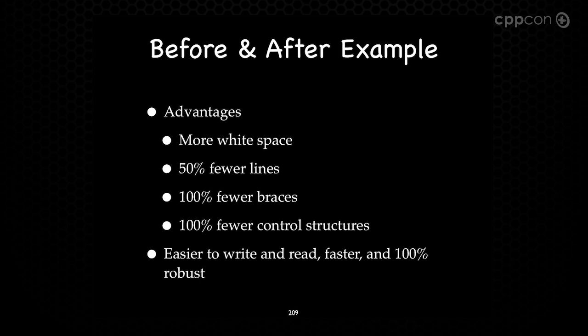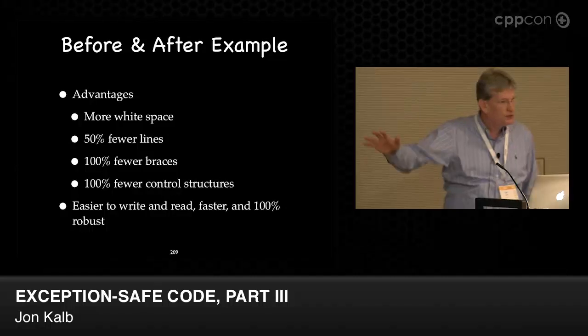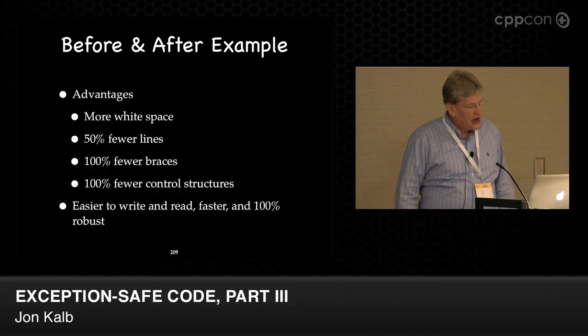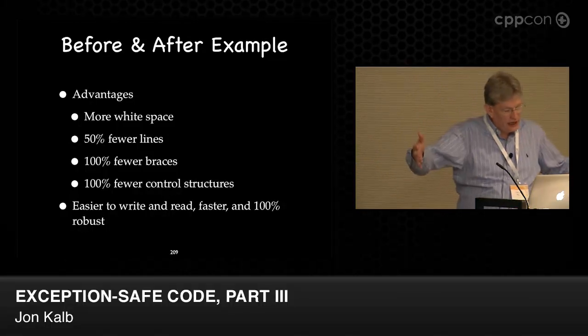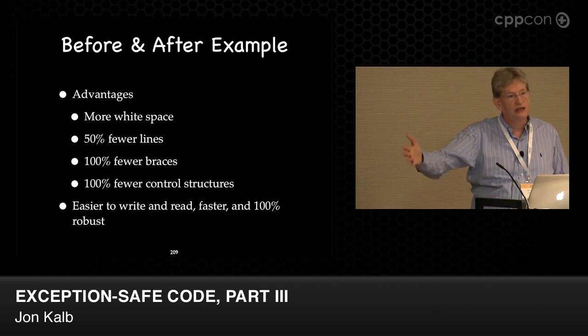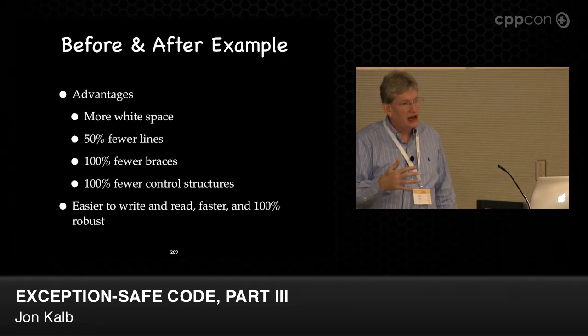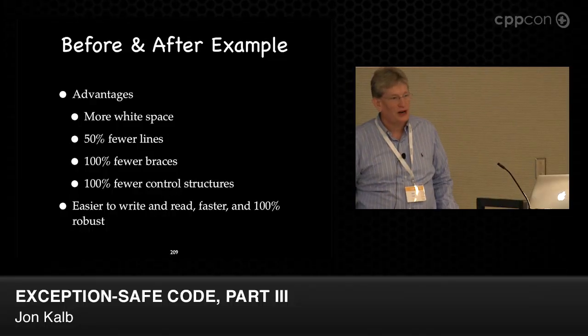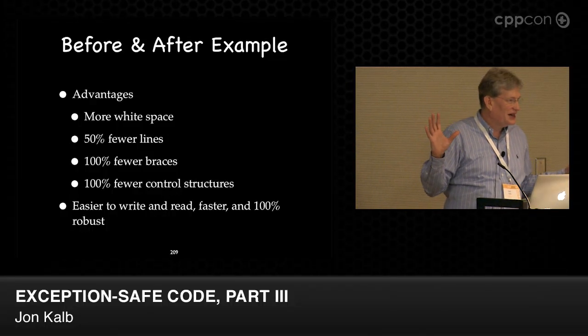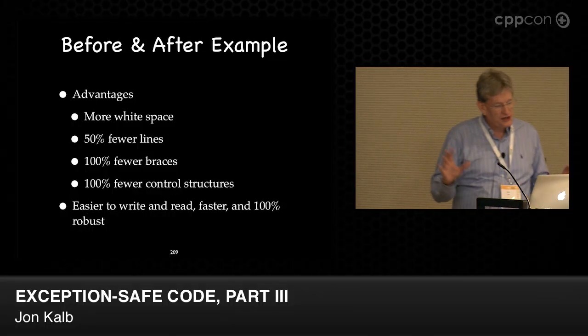Of course, I'm not counting the function braces, but other than that, there are 100% fewer braces and 100% fewer control structures. I would argue it's easier to write and faster to read, and it is 100% robust in the face of these exceptions. Understand, I'm not saying that in every example of code you come across I'm going to get rid of all your control structures, but that did happen in this example.